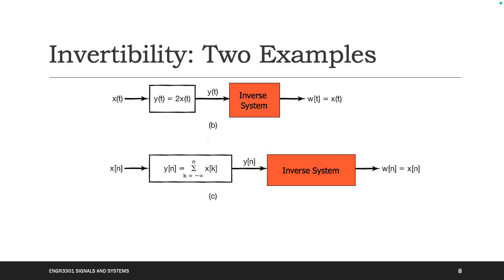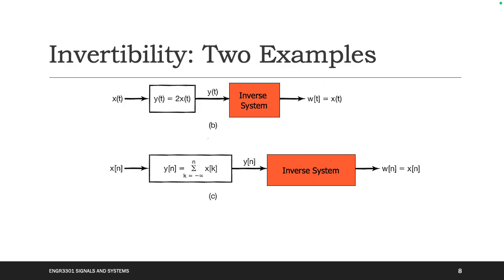Which means the input is y(t), and after the inverse system your output should be x(t). So y(t) equals, for example, this is 1, and this is x1(t).